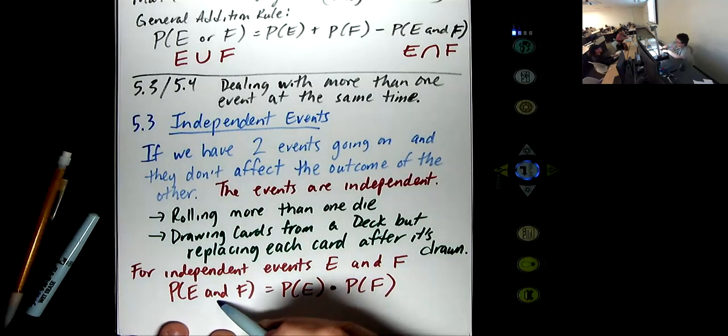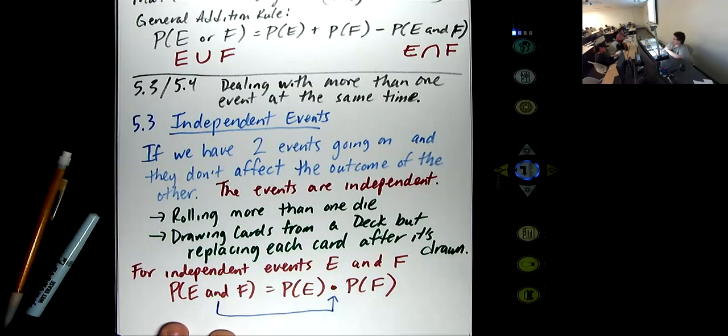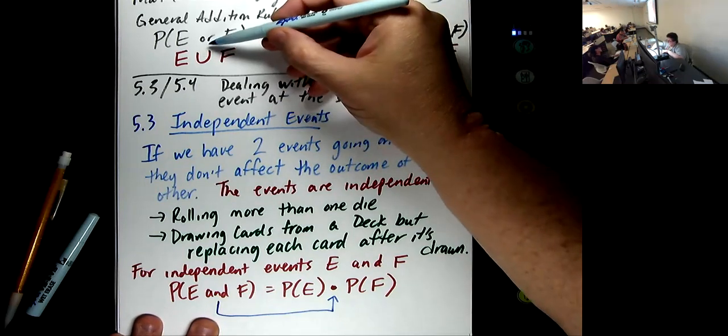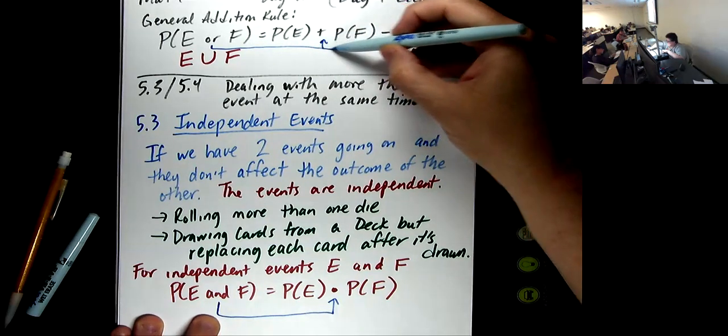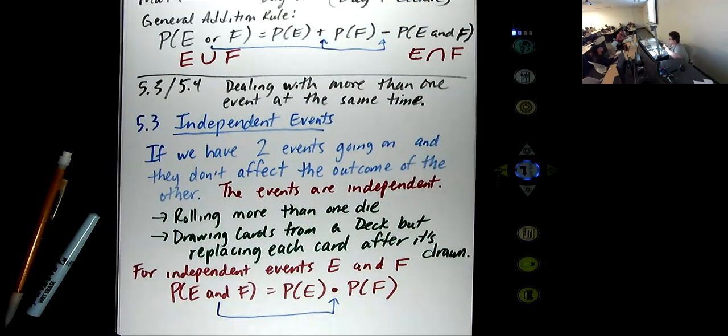You have the and, it's multiplication. The or is addition and subtraction. It's always consistently the same.